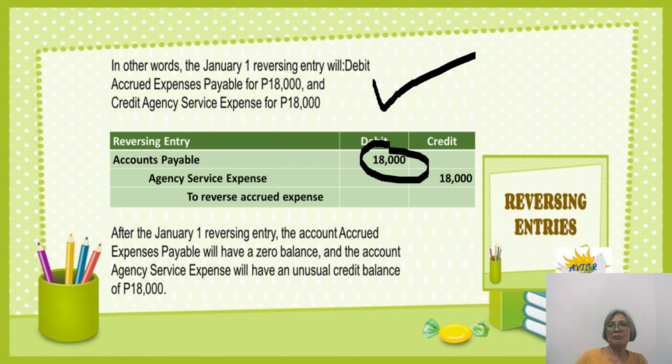So, yung payment, bahagi yan ng current year. Pero yung expense, bahagi nung nakaraan na year. So, to do that, i-reverse mo siya para na-record mo lang yung expense sa prior year at ang na-record mo ngayon ay ang cash payment lang.